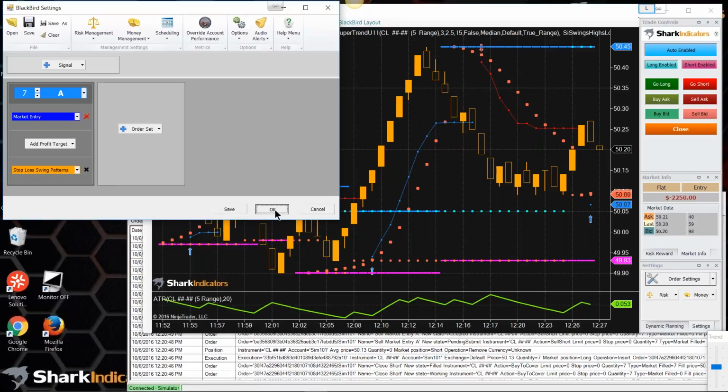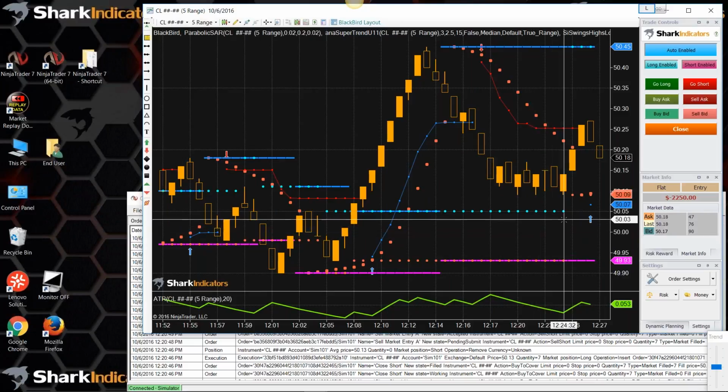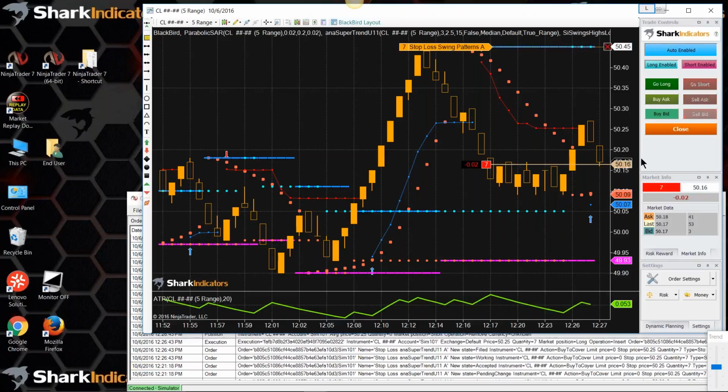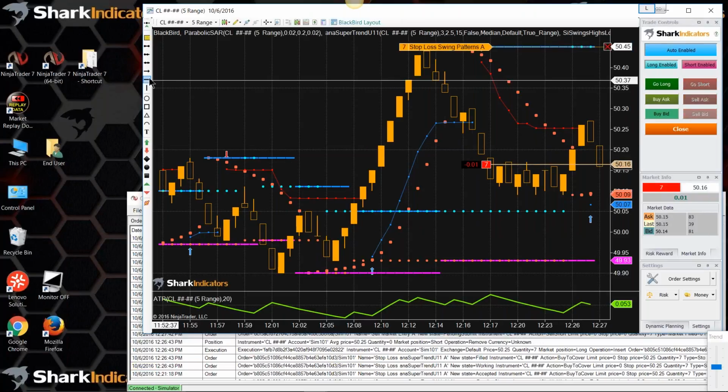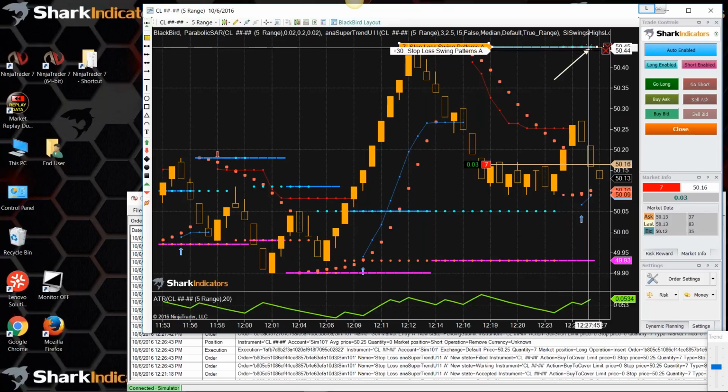So let's just do an example here. Once again, you do need to keep in mind where your swing points are at. So let's take a short trade here. We can see our blue dots are up top here.